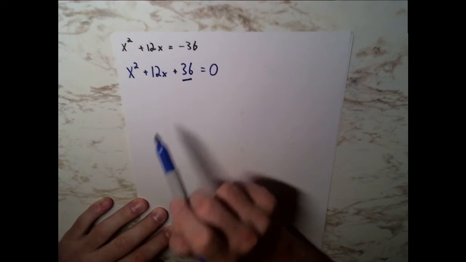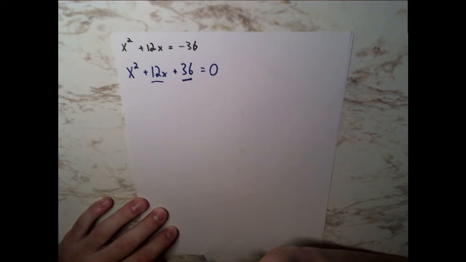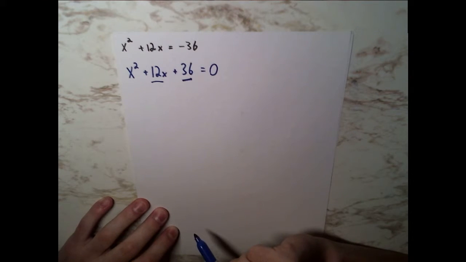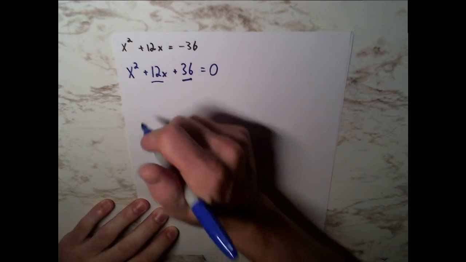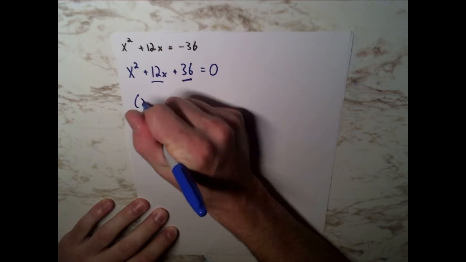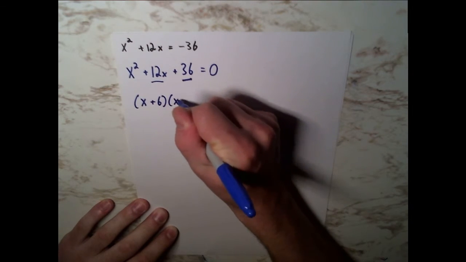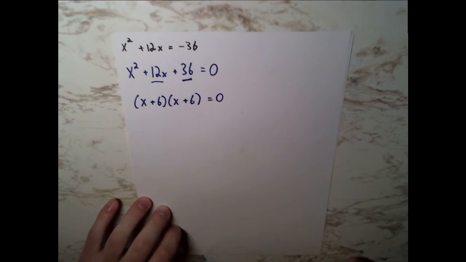So we want a number to multiply to 36 and add to 12. I know that 6 times 6 equals 36, so I think that's going to be it in this case. So x plus 6 and x plus 6, and all that's equal to 0.